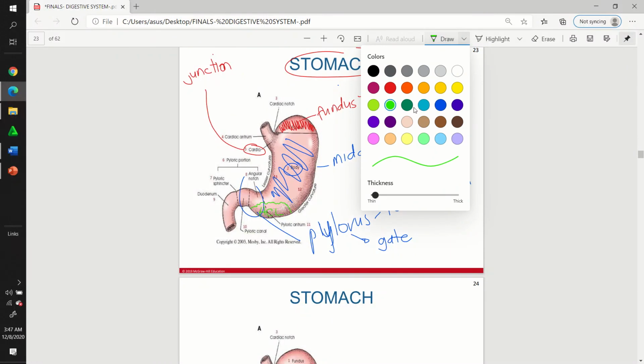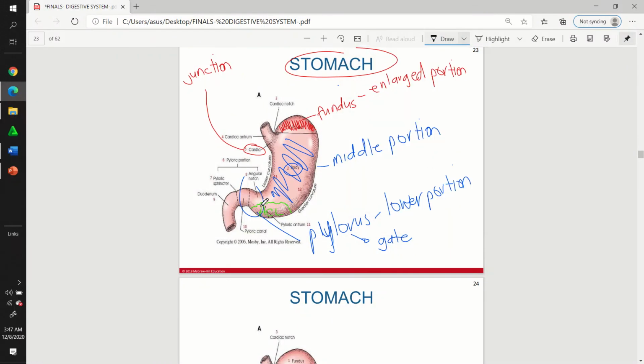You cannot see. Let me use a darker color, maybe black. Hydrochloric acid. Perfect. And then we have here a sphincter. Obviously, that is called your pyloric sphincter.